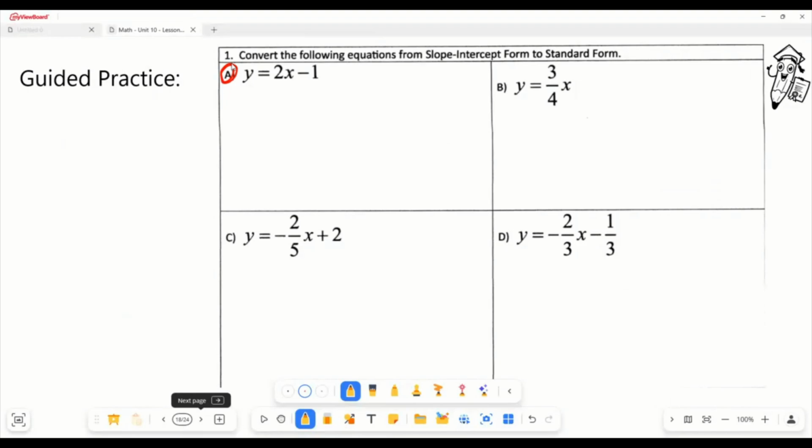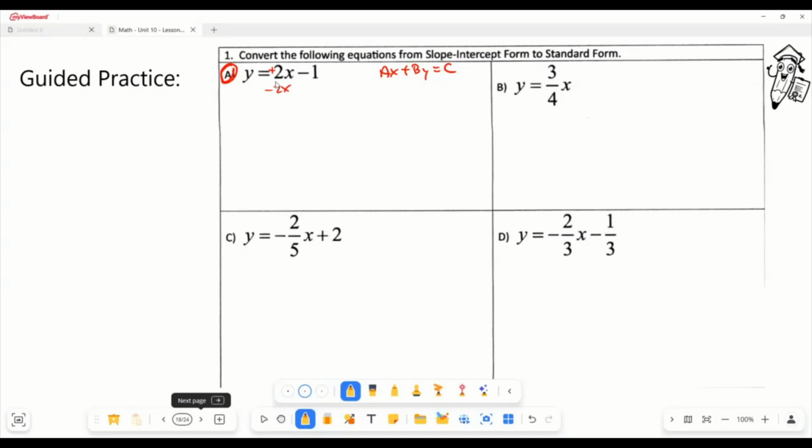I want you to do 1A. Here you're just taking slope-intercept form and changing it to standard form. We need ax plus by equals c. x and y have to be on the same side. This 2x is being added to the negative 1.